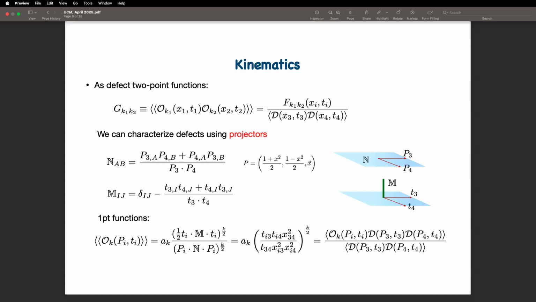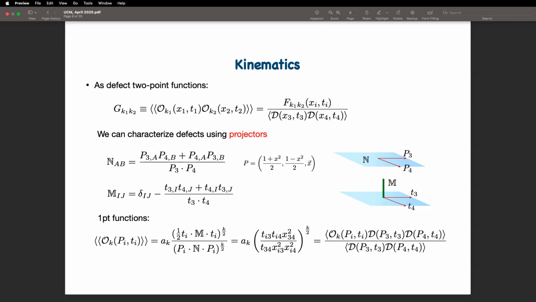Now, using these embedding vectors P from points 3 and 4, I can construct this combination N. You can easily check for yourself that N times N gives you N. So this is indeed a projector. Now, this is the space-time part.